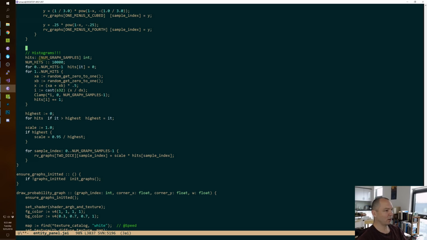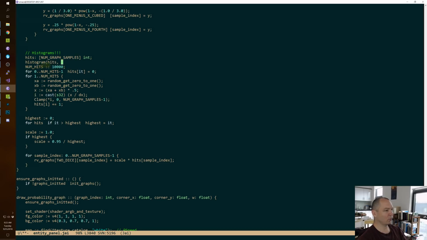So we're going to say histogram into RV graphs sub 2 dice, scale of 0.95, and x goes to, well, just do this, right?